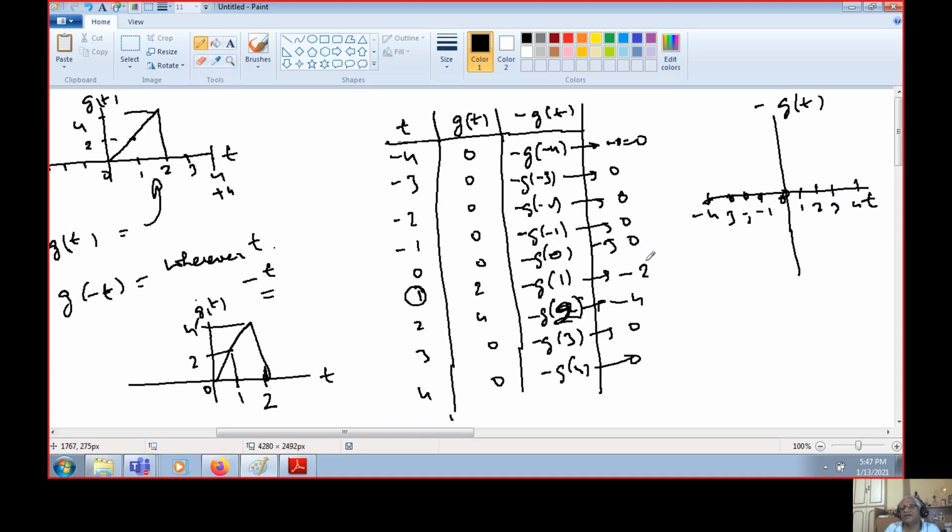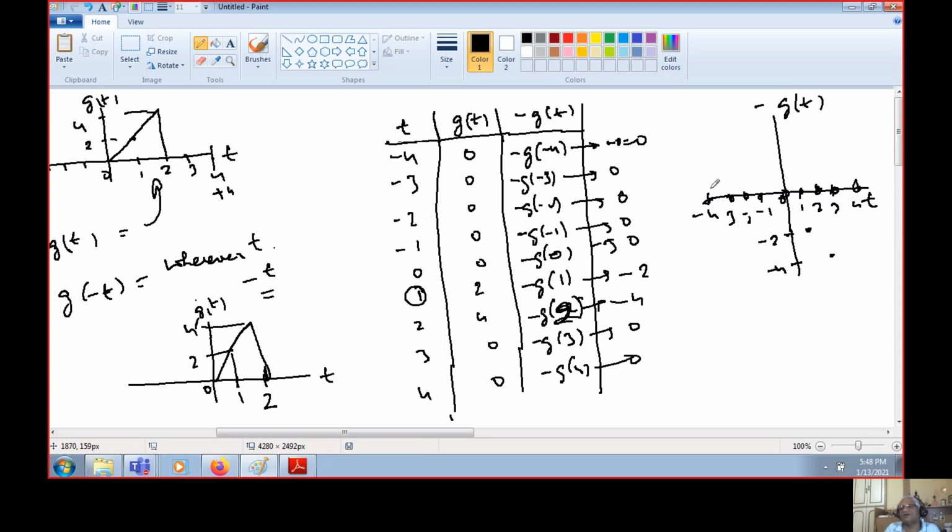At t equal to 1, we are getting minus 2. So that means this is the point. Then at t equal to 2, it is minus 4. So that point is located here. And after that, it is all zeros.